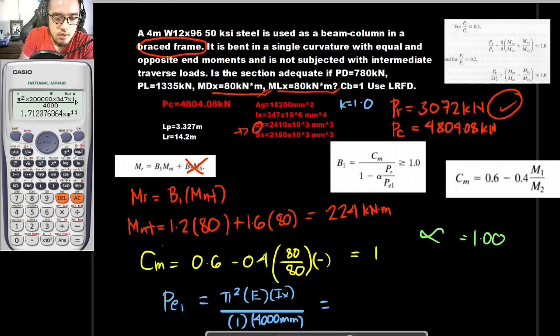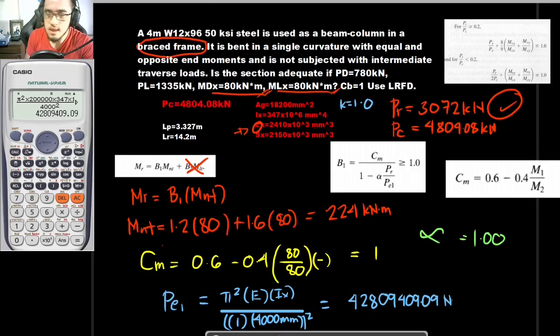Kung may nakalimutan na ako, KL squared pala to. So, I would be squaring these terms right here. Okay, so our answer here would be 42809,409.09 newtons.